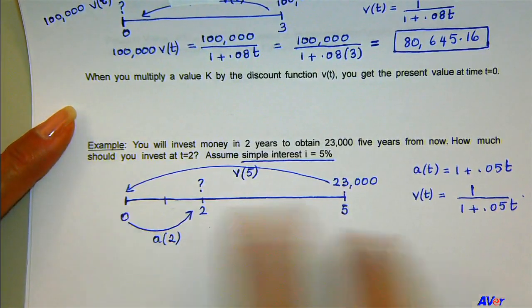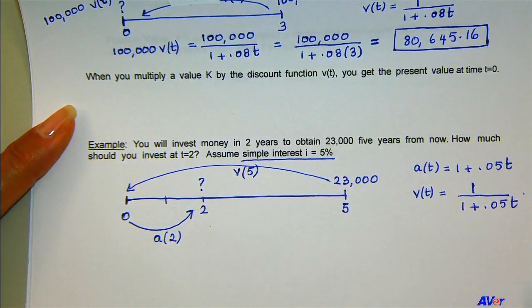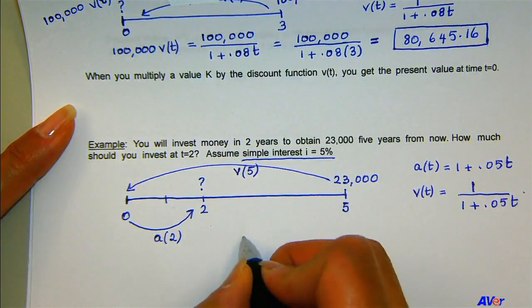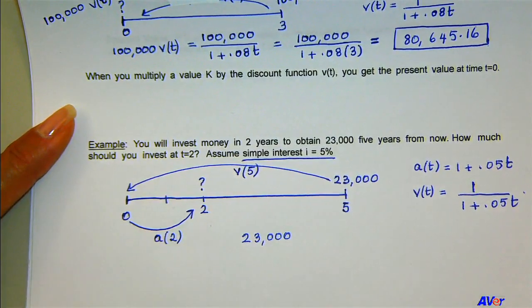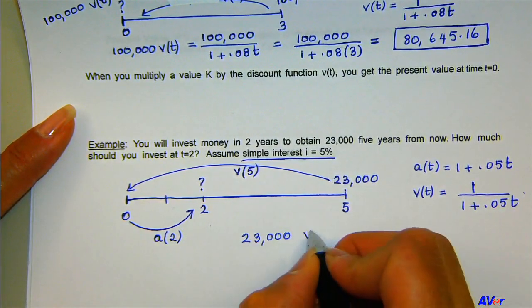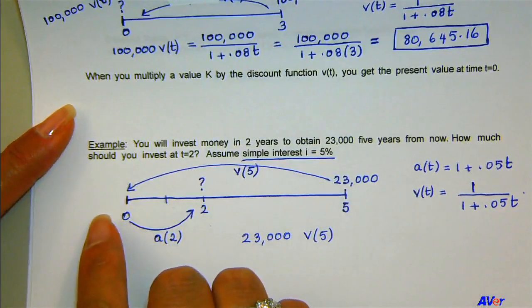So I want you to find me the answer to this question. I want to know, how much should I invest at time 2 so that I have $23,000 at time 5? So can I say 23,000 times V of 5? That will bring me back to time 0.